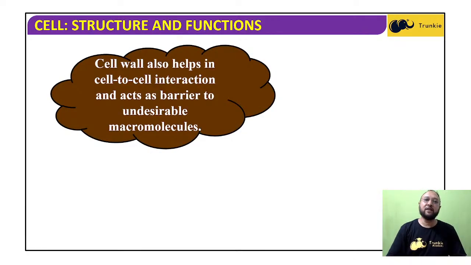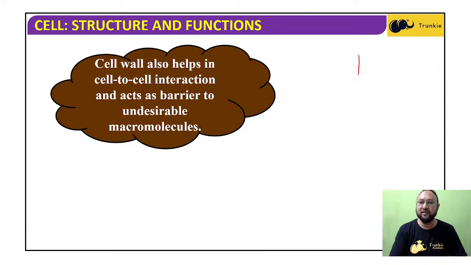Cell wall also helps in cell to cell interaction and acts as a barrier to undesirable molecules. There is some kind of communication between two adjacent cells, where the cell walls are communicating. There is a link between two cell walls.